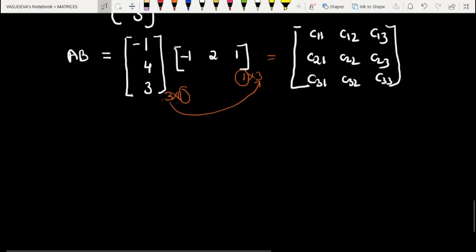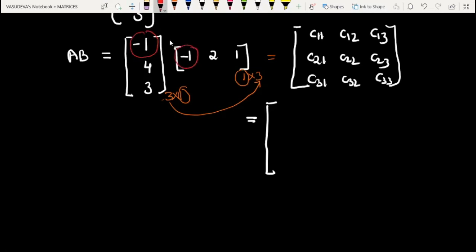Minus 1 into minus 1 is plus 1, minus 1 into 2 is minus 2, and minus 1 into 1 is minus 1.